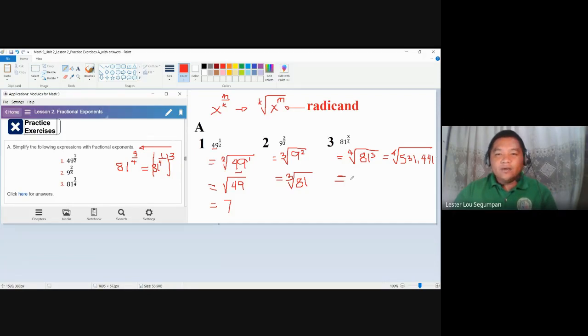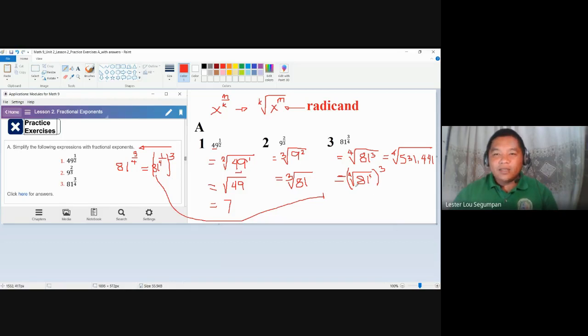This is actually 81 raised to the power of 1, and then you have here the fourth root. And the whole expression now is raised to 3. This is another form of the transformation law. If you have a very large radicand, you can do it this way.